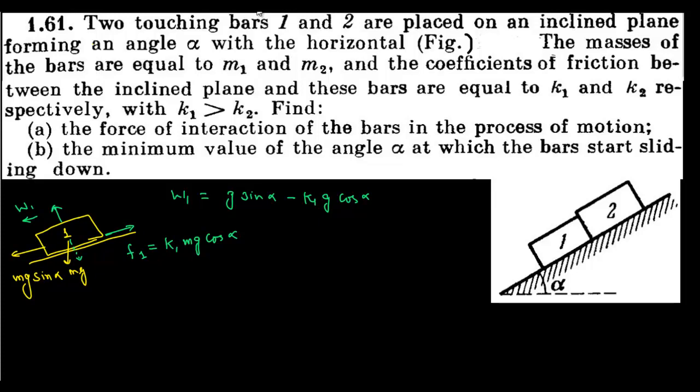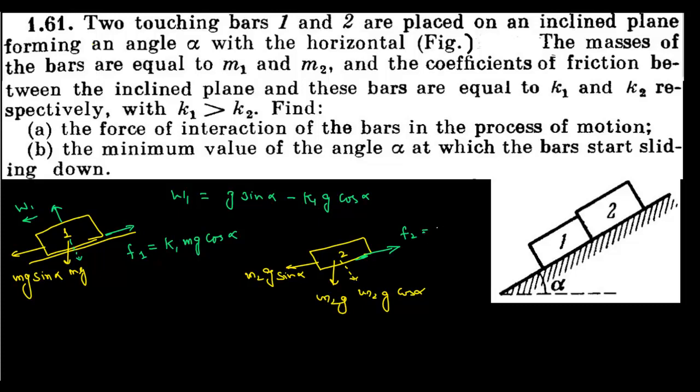Now similarly for block 2, the force acting on it in this direction is m2 g sine alpha. In this direction it is m2 g, and its component in this direction is m2 g cos alpha, and the force of friction acting here will be F2.